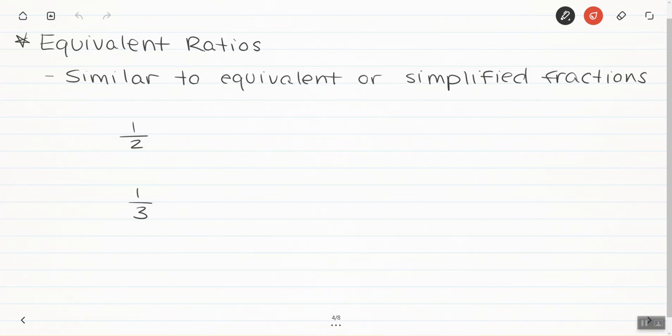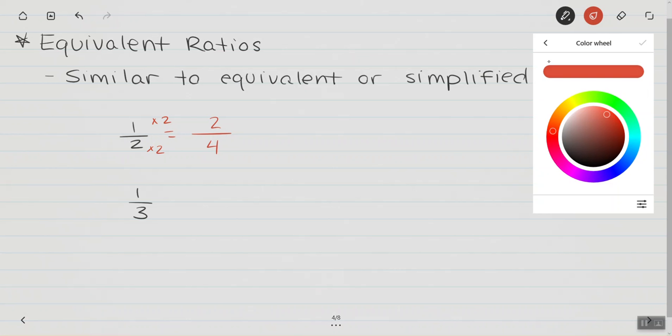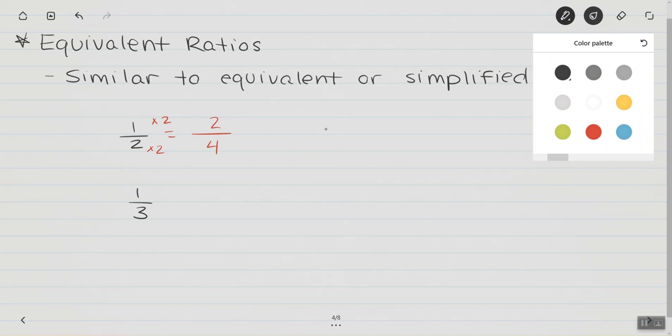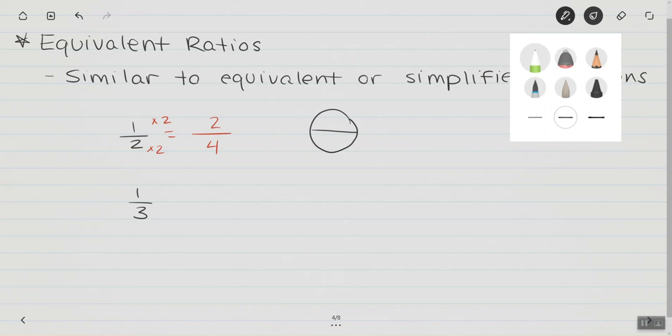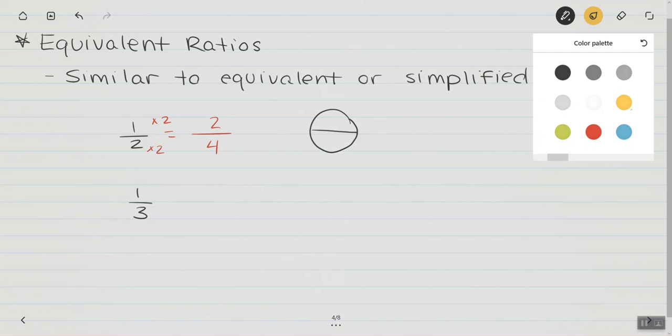So the example that we have here for the first one is 1/2. Well, I can change 1/2 into an equivalent fraction by multiplying the numerator and denominator by 2, which would give you 2/4. So 2/4 would be equivalent to 1/2. Now, a way that you could show that, I could draw a circle and cut it into half and then shade half.